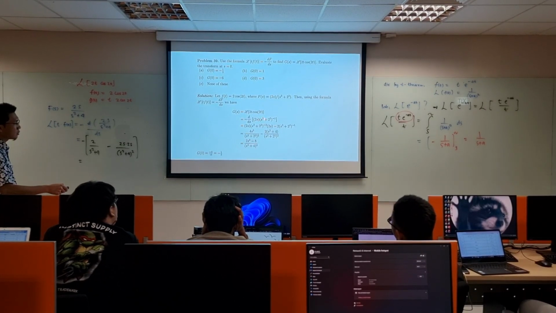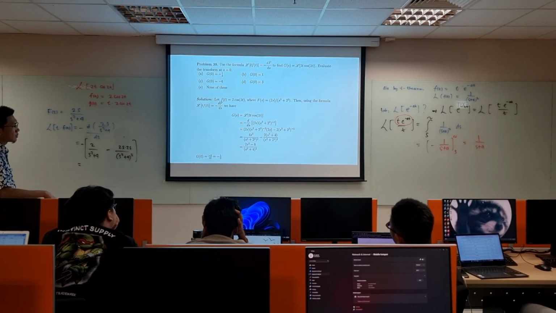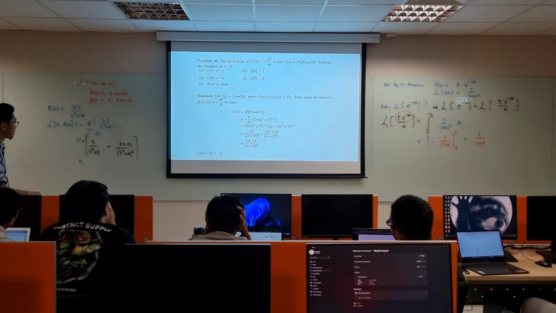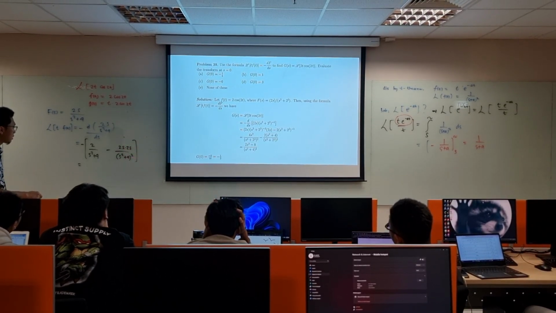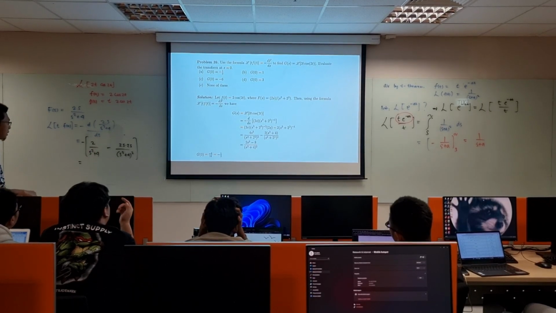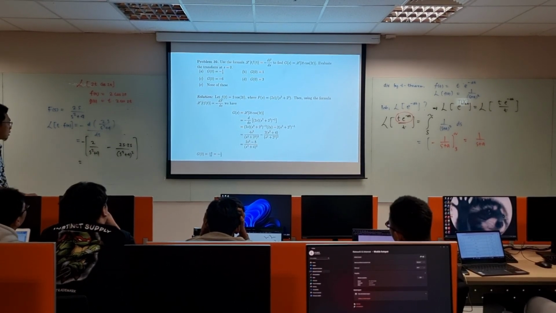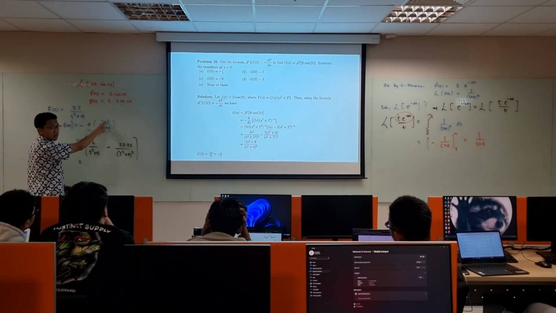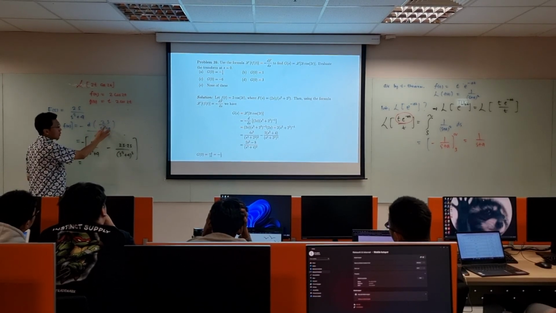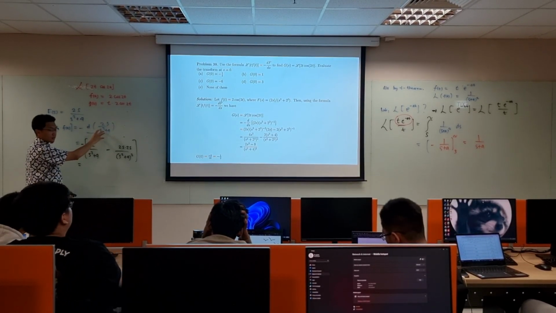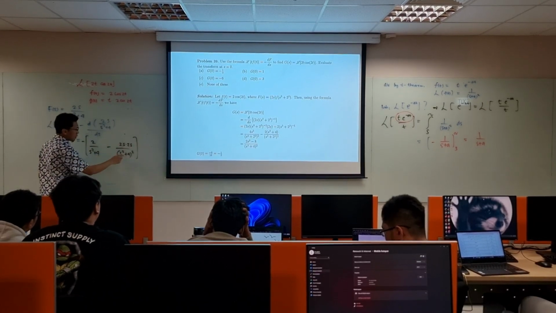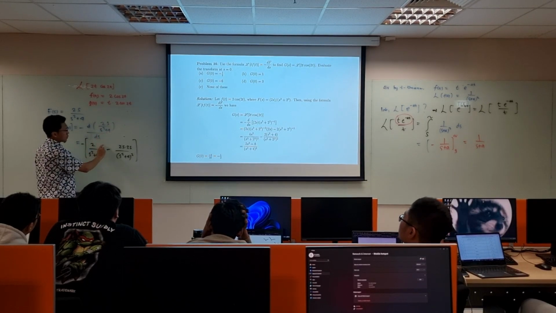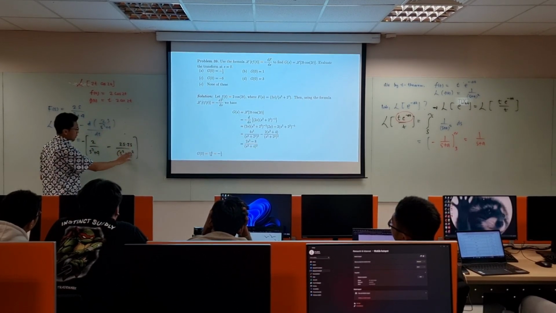On this left side, I differentiate only the 2s, and 1 over s squared plus 4 is a constant. On this side, the 2s is the constant, and I differentiate the 1 over s squared plus 4, and the result is 2s over s squared plus 4, squared.